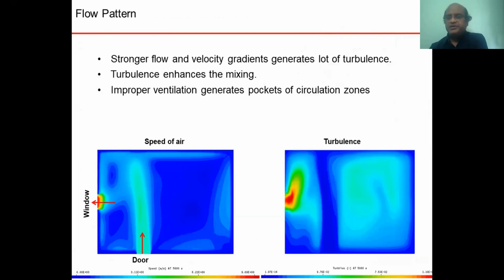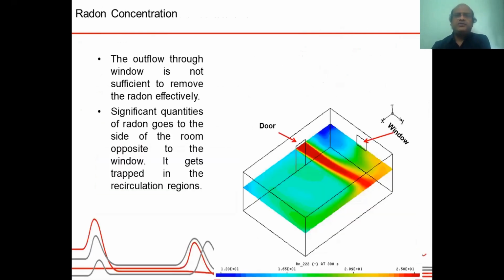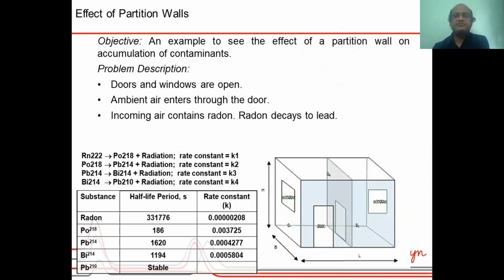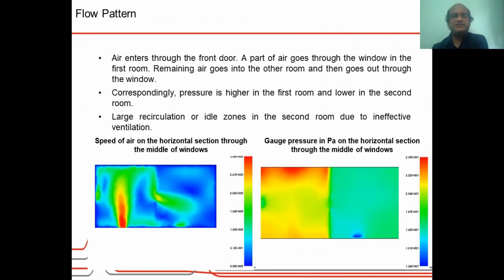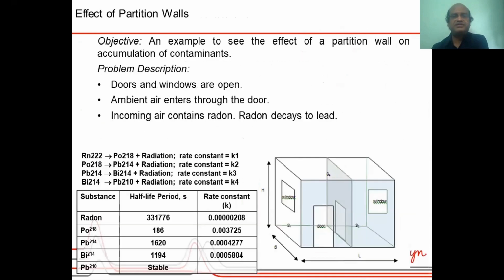A lot of simulations are being done to analyze the effects of ventilation on the radon concentration in confinements and in rooms. For example, consider this problem, which involves a two-room building with one door as an inlet.